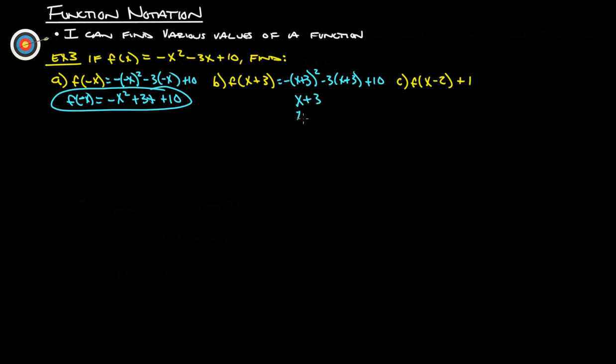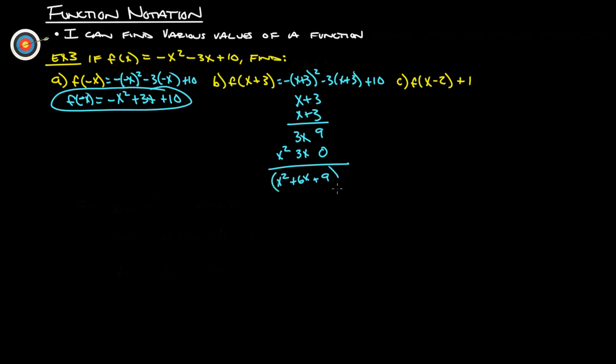X plus 3, x plus 3. I'm just going to stack one on top of the other. 3 times 3 is 9. 3 times x is 3x. If you remember, with regular 2-digit by 2-digit multiplication, we put a 0 down there to hold the spot. X times 3 is 3x. X times x is x squared. And we add these all up. We have positive 9, positive 6x, and x squared. That's what x plus 3 squared is.